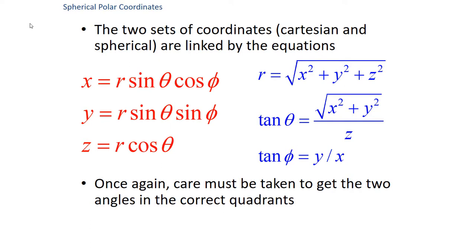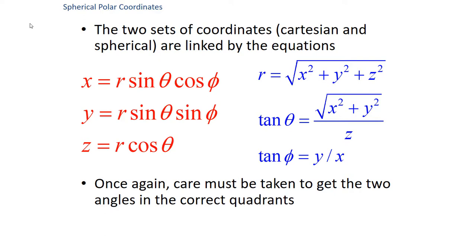You'll notice that yes, we have tan theta and tan phi. And once more, it is extremely crucial to be able to get theta and phi in the correct quadrant. Well, if z is positive, you'll get tan theta is positive, and when you take the inverse tan, you'll get an angle in the first quadrant.